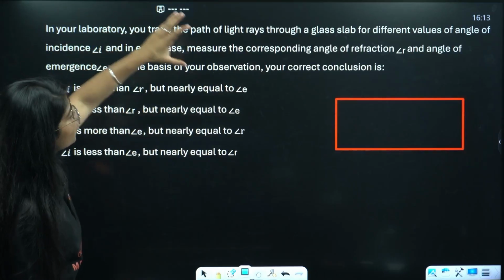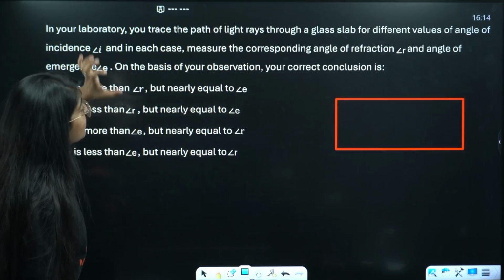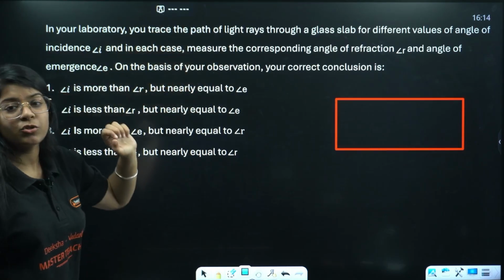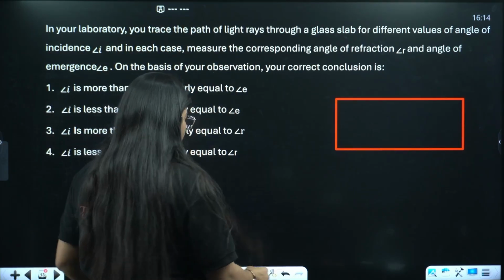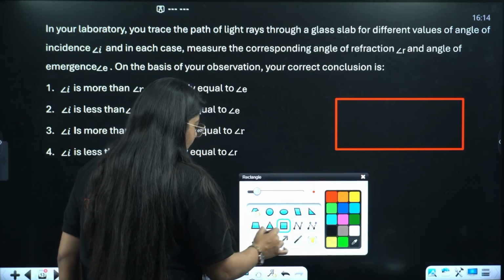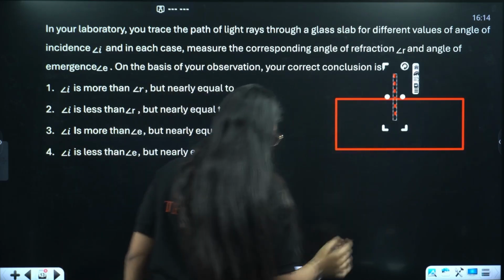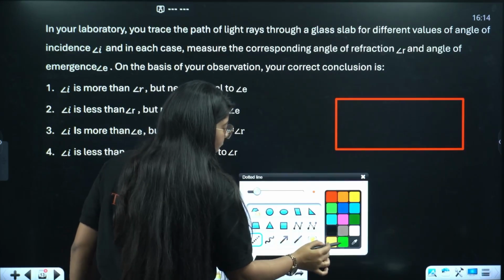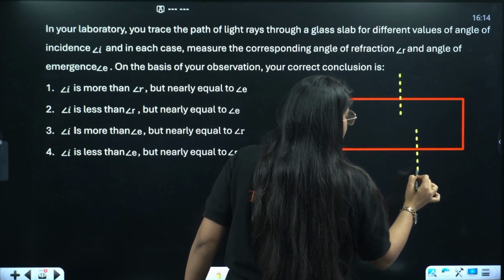In each case, measure the corresponding angle of refraction and angle of emergence. On the basis of your observation, your correct conclusion is. Before doing that, let us just see how exactly the path is being followed by our ray of light. So this is the normal. Let's just draw a normal first.